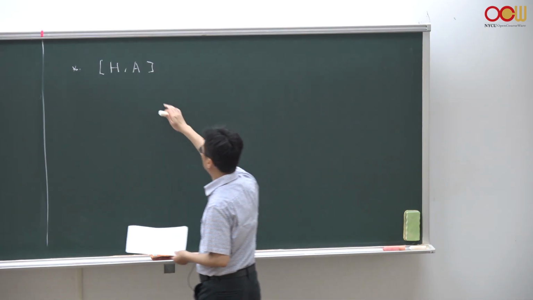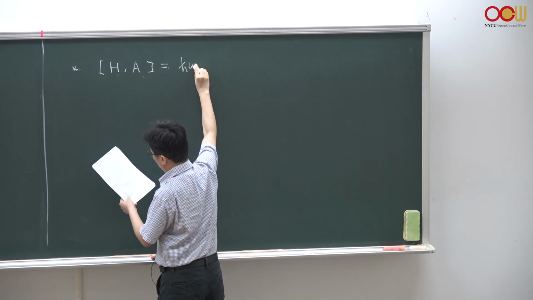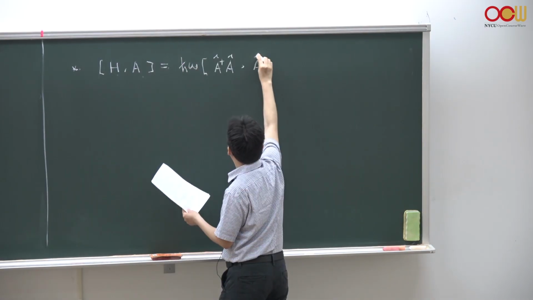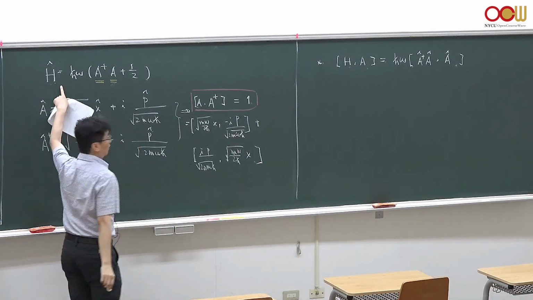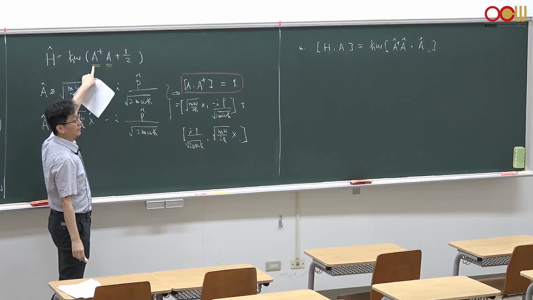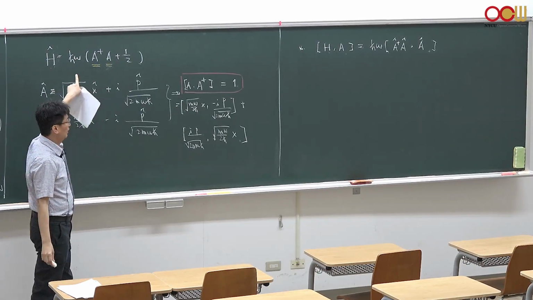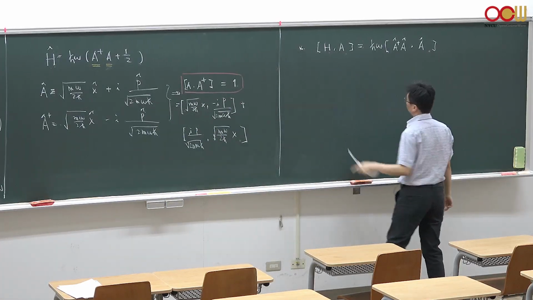So let's look at the commutator between H and A, which is, by definition, what? You plug in the simple form of your Hamiltonian, which is h bar omega times (A dagger A plus 1/2), into this commutator.